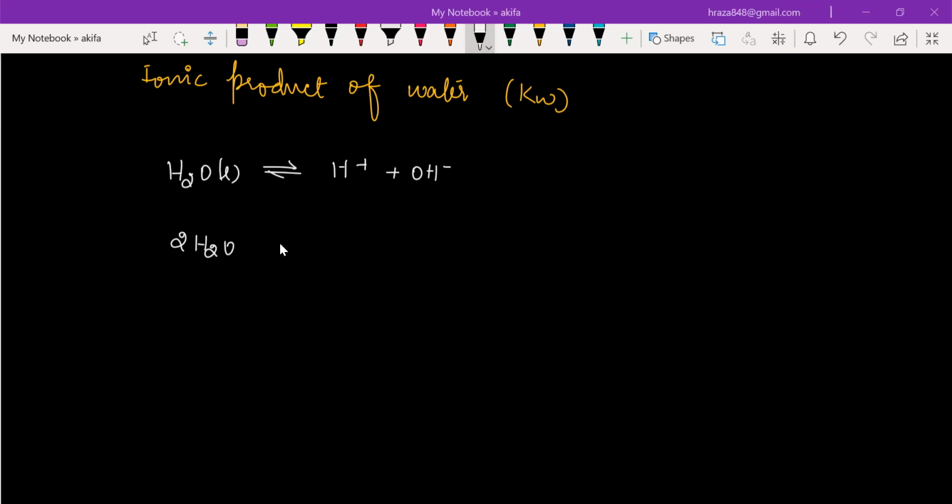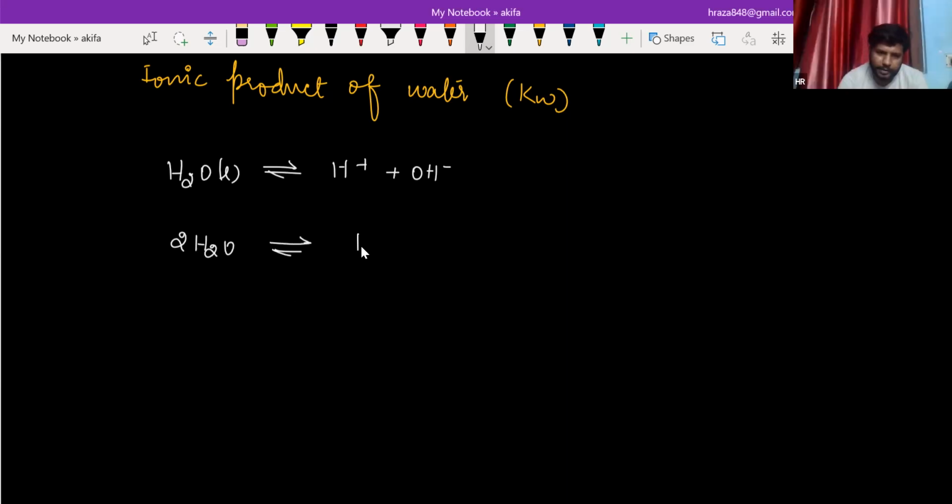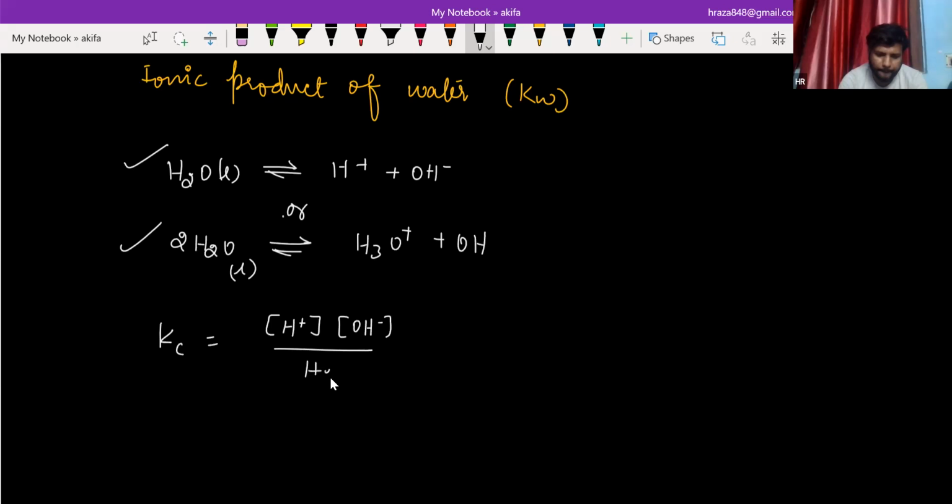Now see, if you take it as H3O positive and OH minus, I'm going to just balance it. Either you can write this reaction or this reaction, both are correct. So Kc will be basically H plus times OH minus upon H2O.